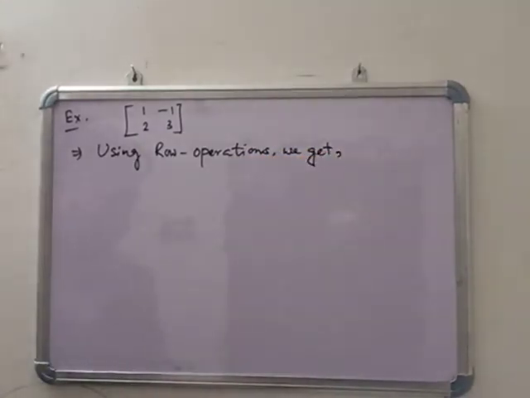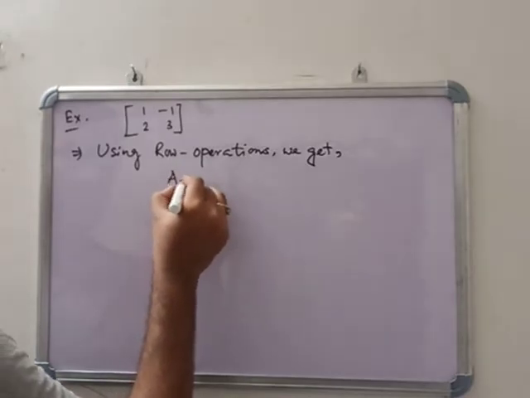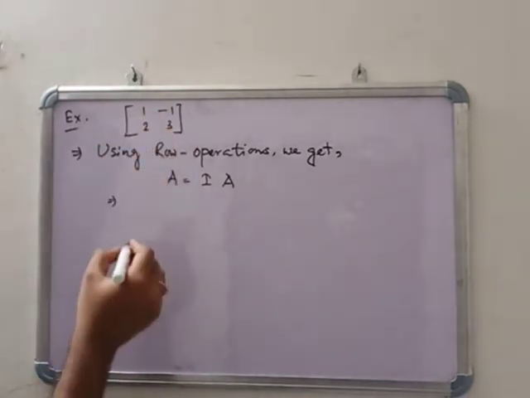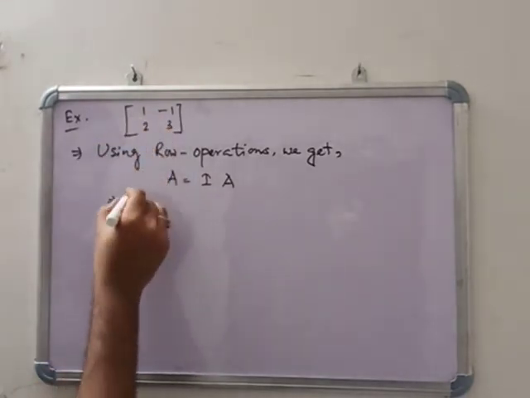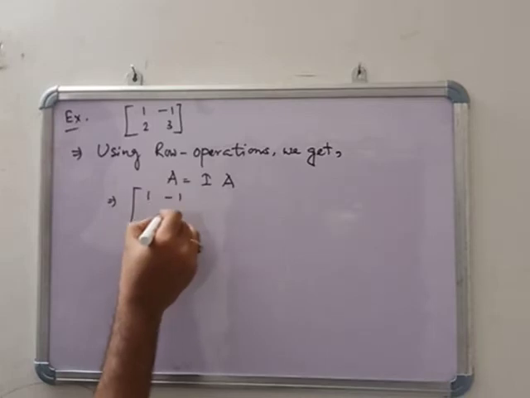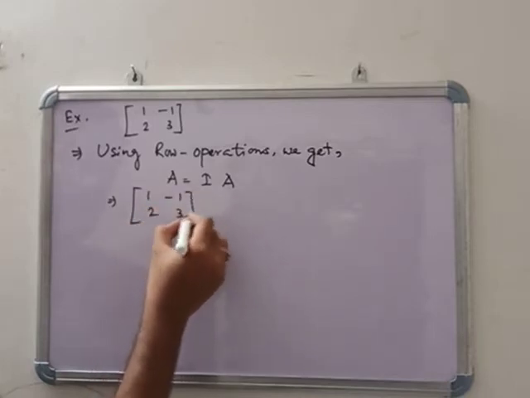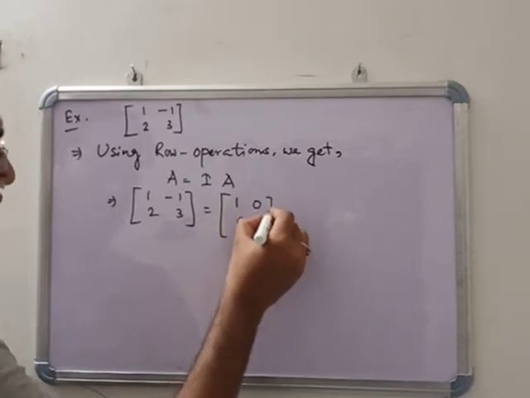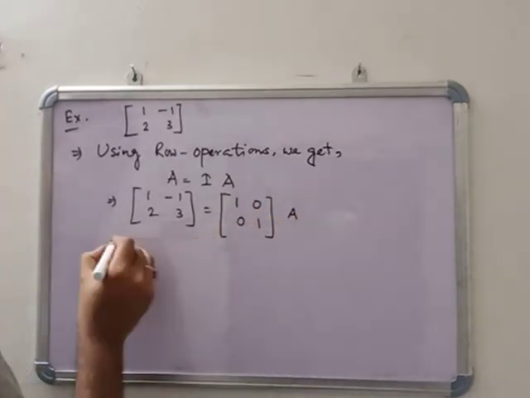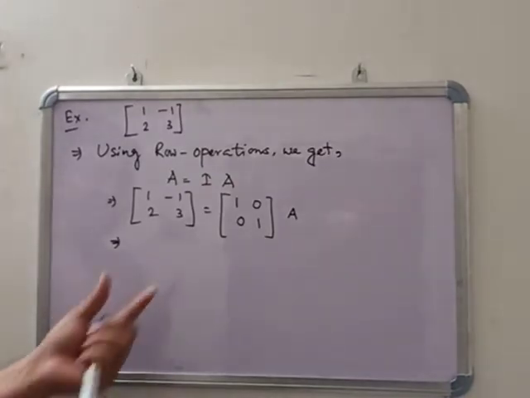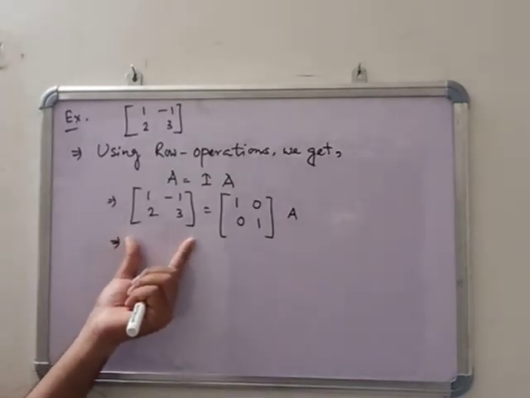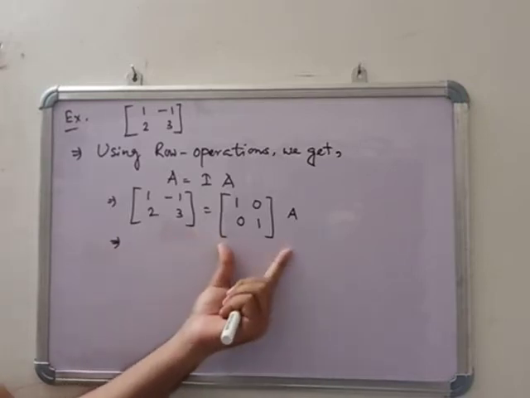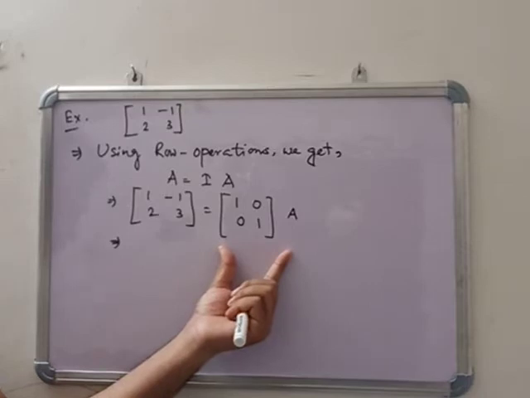So for row operations, A equals IA. Now where is the A? A is given, so write over here 1 minus 1 2 3, and this is I, so 1 0 0 1, and this is the same A. Now we have to change this matrix by operations, and this matrix in the form of the inverse.